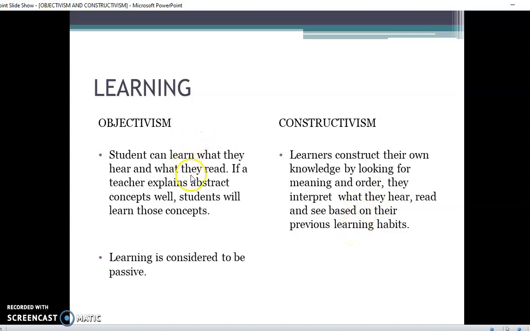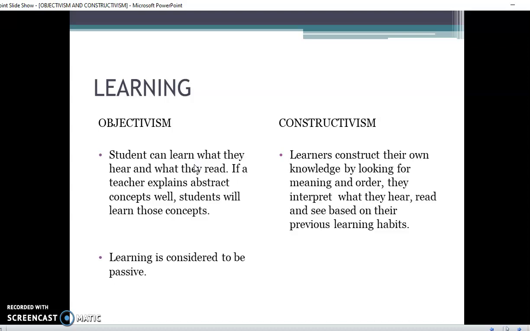But objectivism believes that you need a teacher to explain a concept which is abstract in form so that the students can learn it. And they can learn only when they hear and read. There is no involvement of previous knowledge, because it is believed that students do not possess any, or that previous knowledge has no role to play in learning according to objectivism.